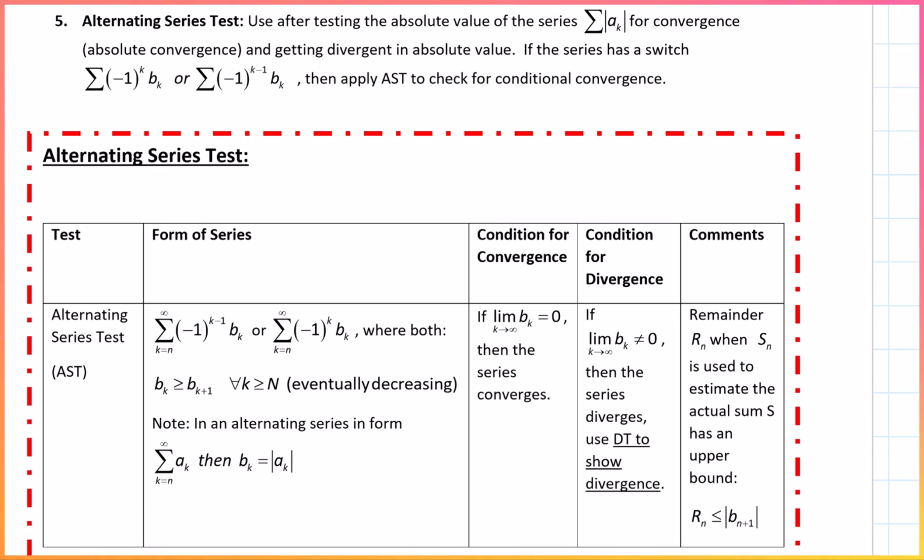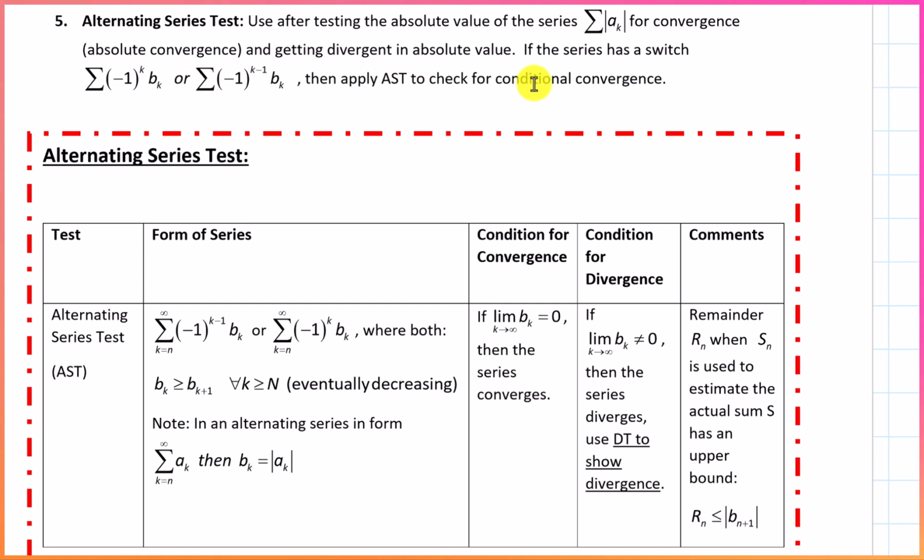So one thing to note when we do the alternating series test: the first thing we always want to do when we're testing a series is test the absolute value of the series. If it's convergent in its absolute value, that gives us absolute convergence. But if its absolute value is divergent, that's really the only time we want to get into our alternating series, because in our alternating series we could get conditional convergence.